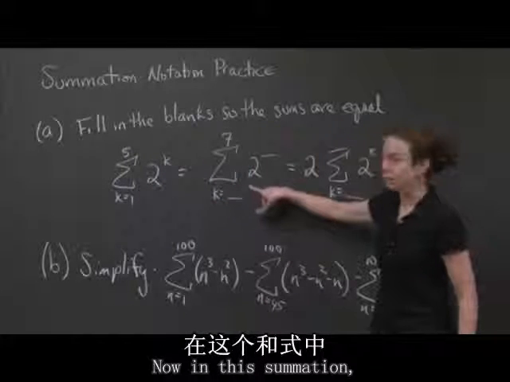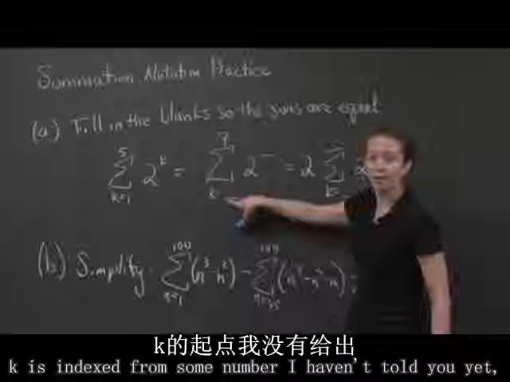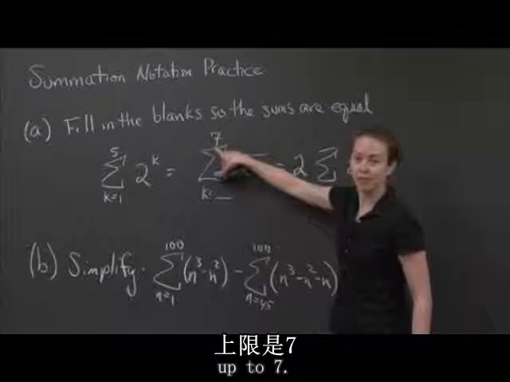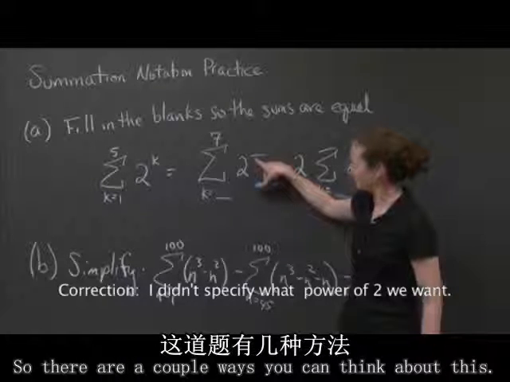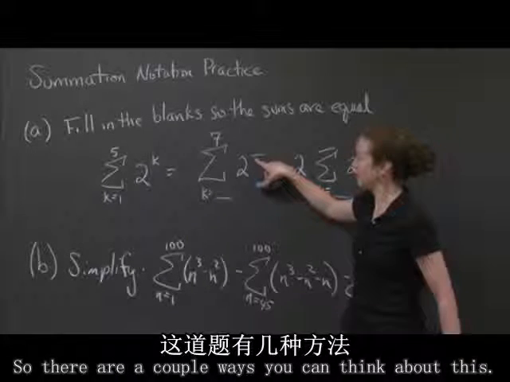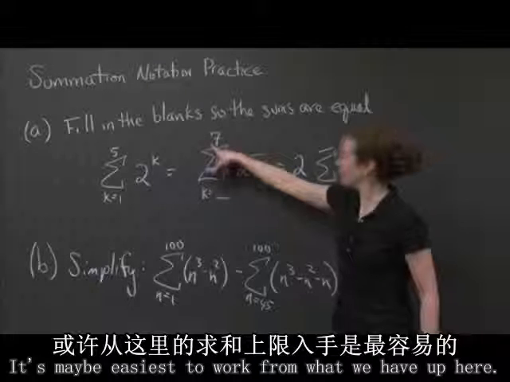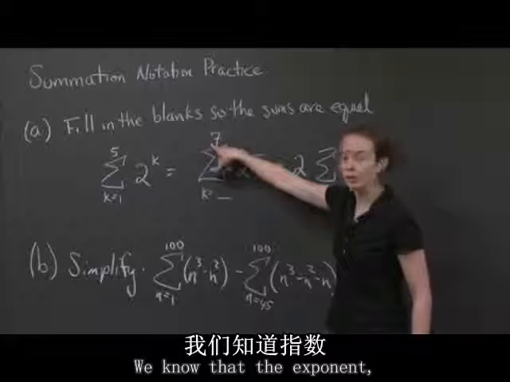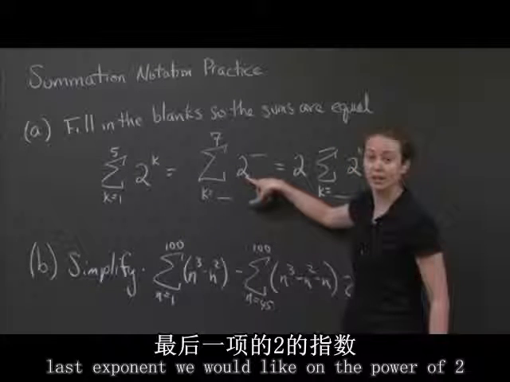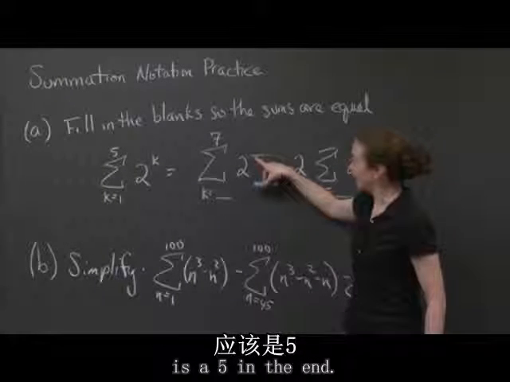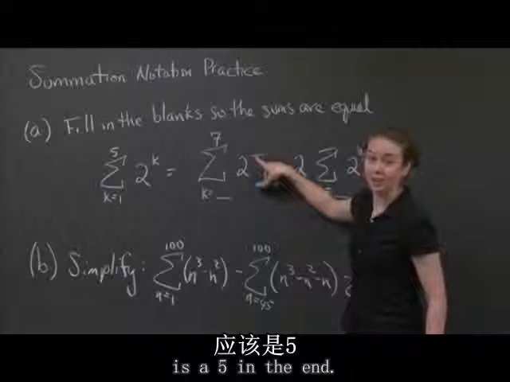Now in this summation, k is indexed from some number I haven't told you yet up to 7. And I didn't specify what power of k we want. So there are a couple ways you can think about this. It's maybe easiest to work from what we have up here. We know that the last exponent we would like on the power of 2 is a 5 in the end.